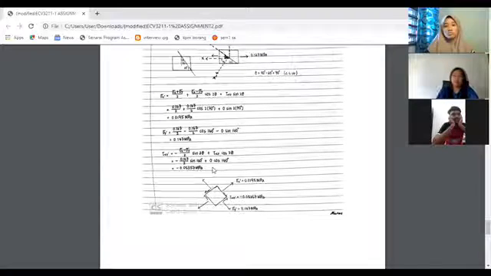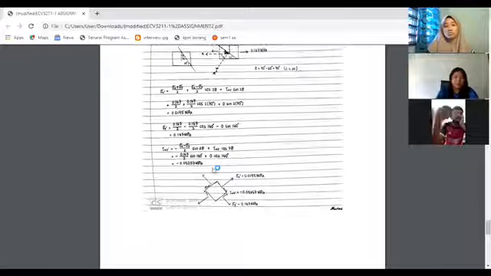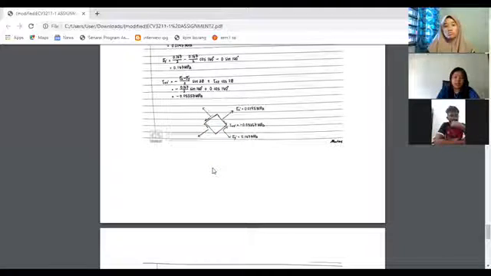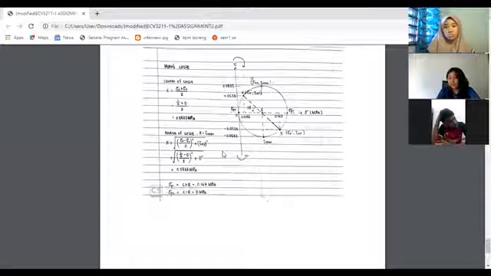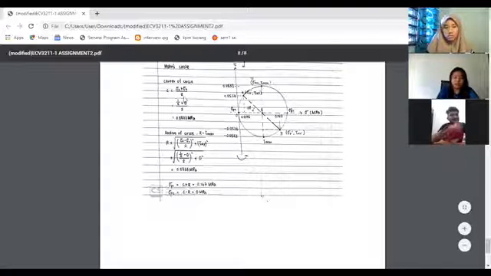Then we talk about the Mohr's circle. For the Mohr's circle, we calculate the center of the Mohr's circle using a formula, knowing that the shear is equal to 0 and the center is located on the sigma axis.